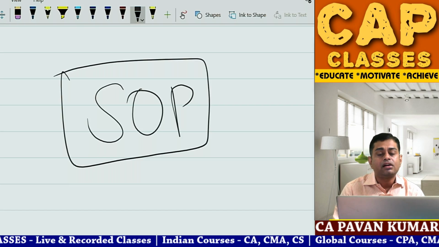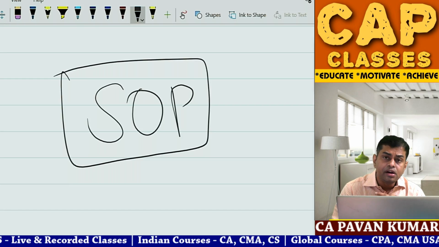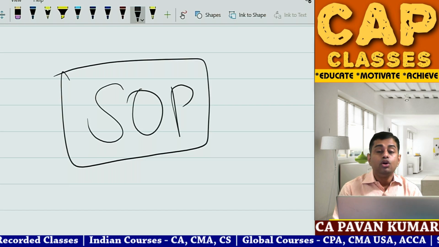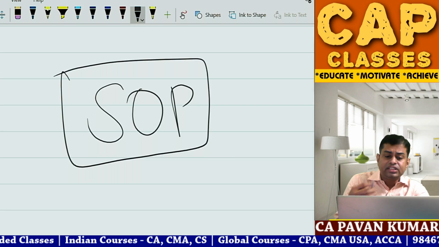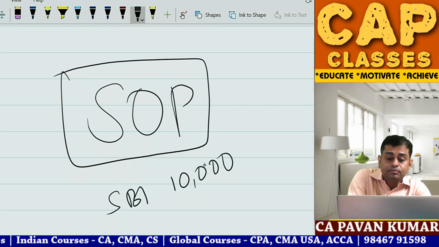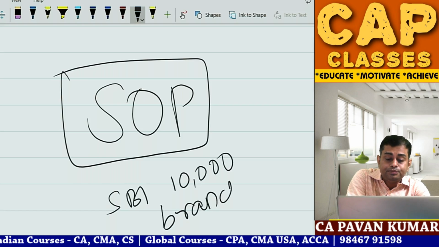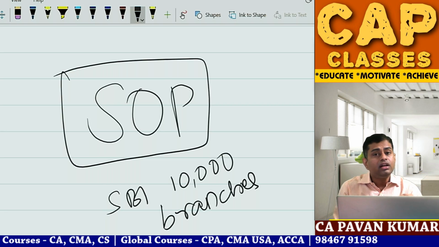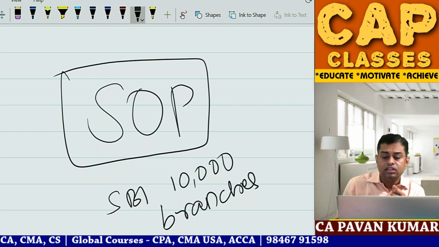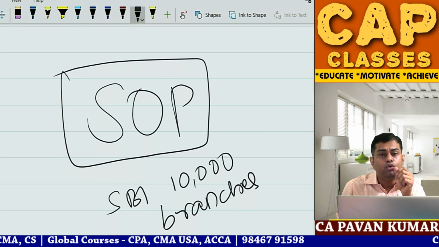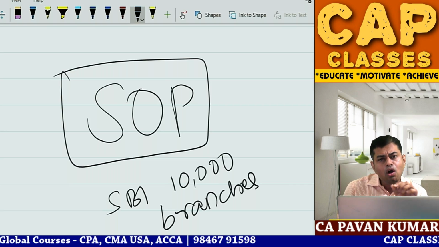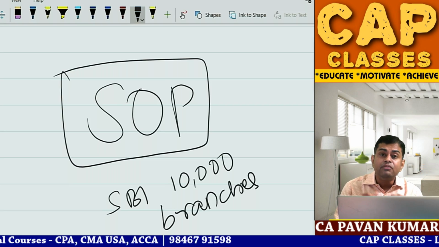So you went to a bank. You gave 5,000 rupees and you asked for a DD. Do you think if State Bank of India has more than 10,000 branches, the way in which a demand draft is drawn and given to a customer will be the same in all 10,000 branches, or will it differ in every branch?